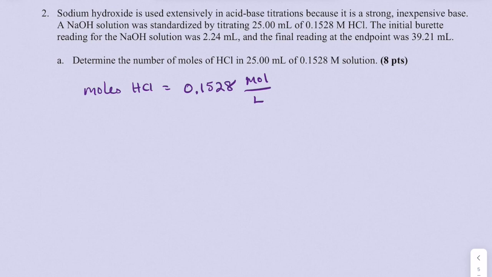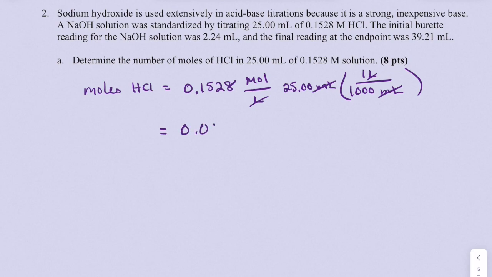Well, we've got 25 milliliters, so we're going to have to do a unit conversion. So I've got 25.00 milliliters, but I know there are 1,000 milliliters in a liter. So I use my conversion factor of 1,000. Milliliters will cancel out, liters will cancel out. So I'm going to be left with an answer in moles, which is 0.00382 moles of HCl. That's it.